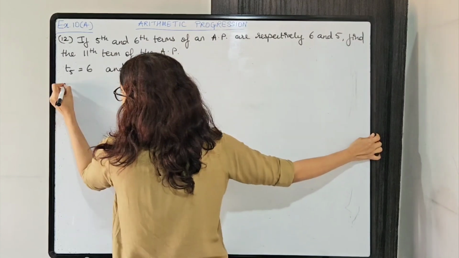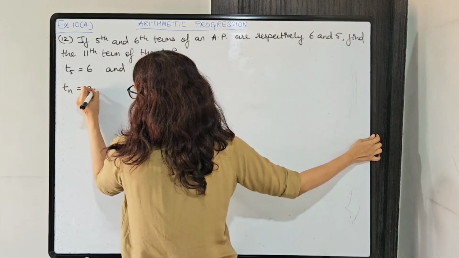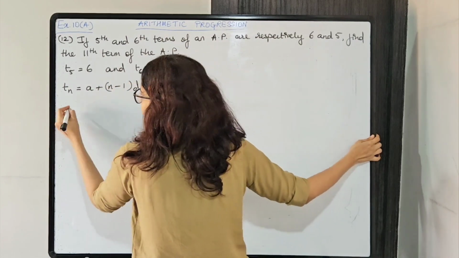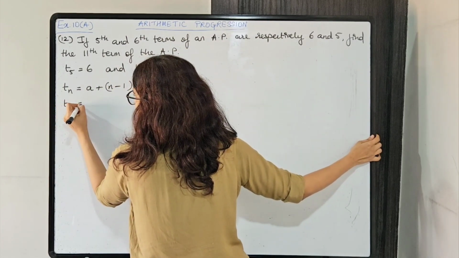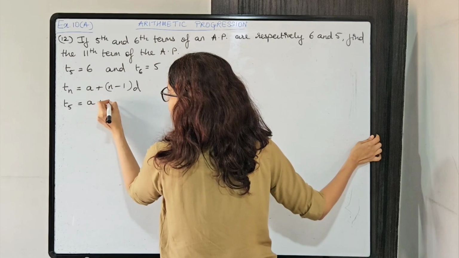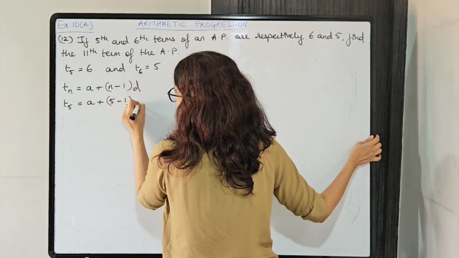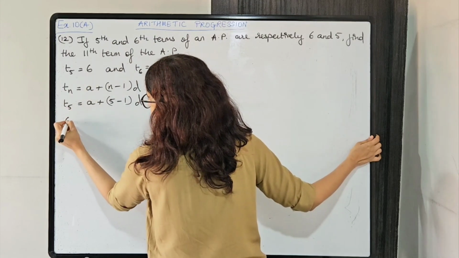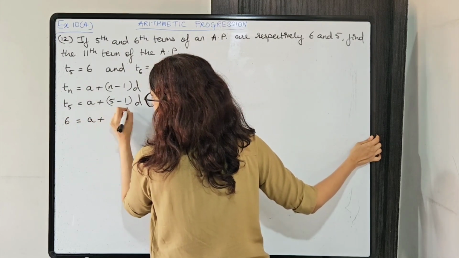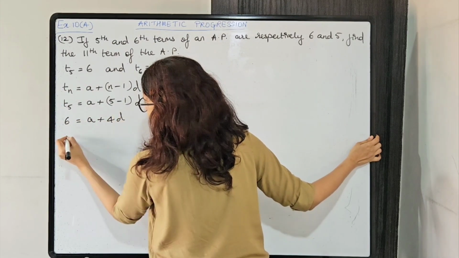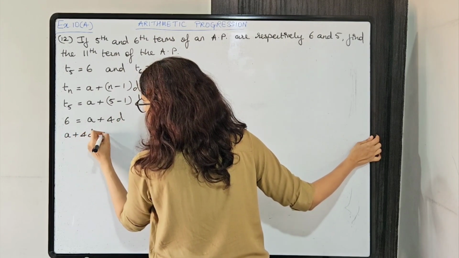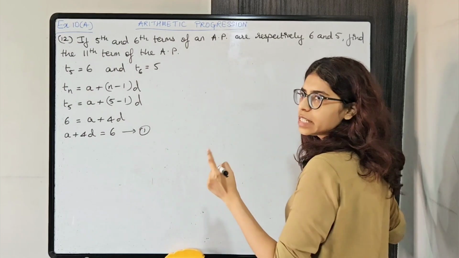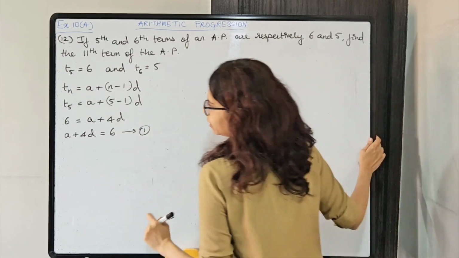Using the formula Tn is equal to a plus (n minus 1)d, T5 will be a plus, n will be 5. T5 is 6. 6 is equal to a plus 5 minus 1, which is 4d. Switch the sides, a plus 4d is equal to 6. Mark this as 1. Same way we will obtain the second equation.